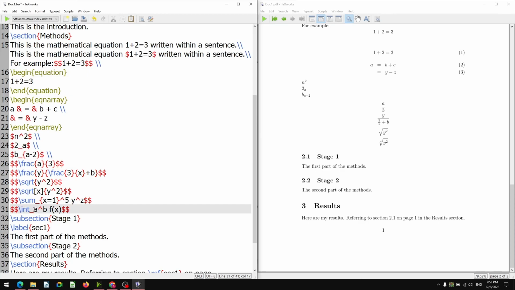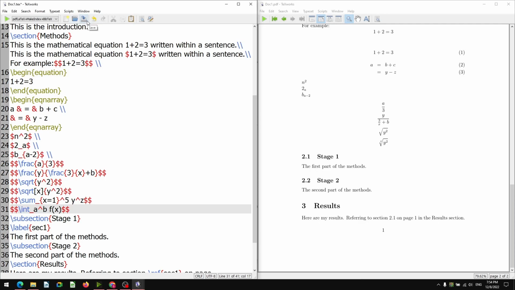Backslash sum, backslash int. For both, the lower limit is indicated by underscore with curly brackets, x equal to 1. In integration, underscore a is there. These are the lower limits for summation and integration. And the upper limit in both cases is indicated by hat 5, hat b. These are the upper limits.